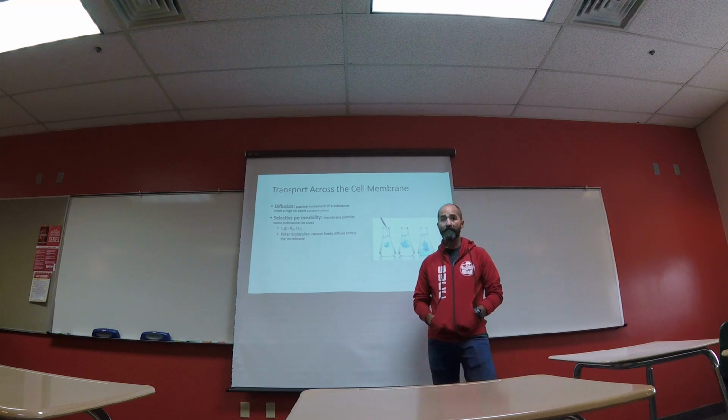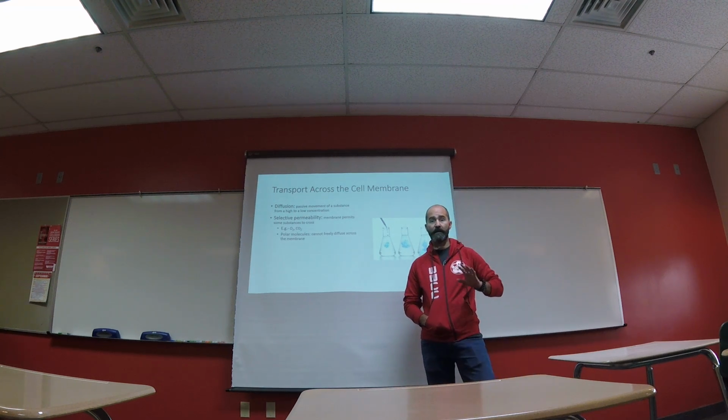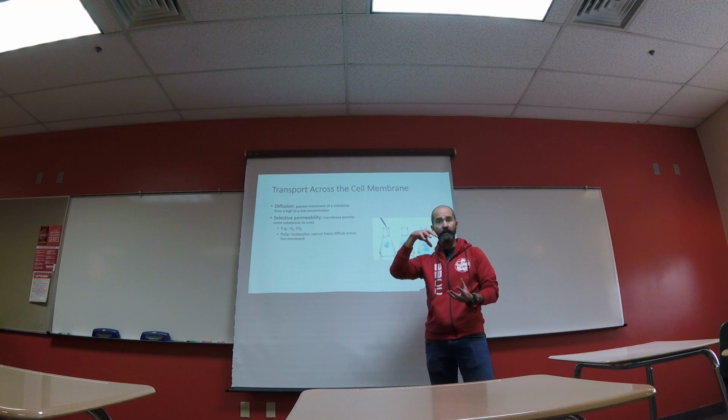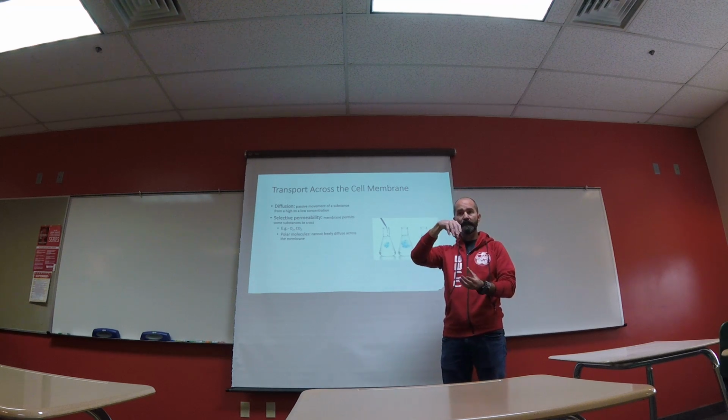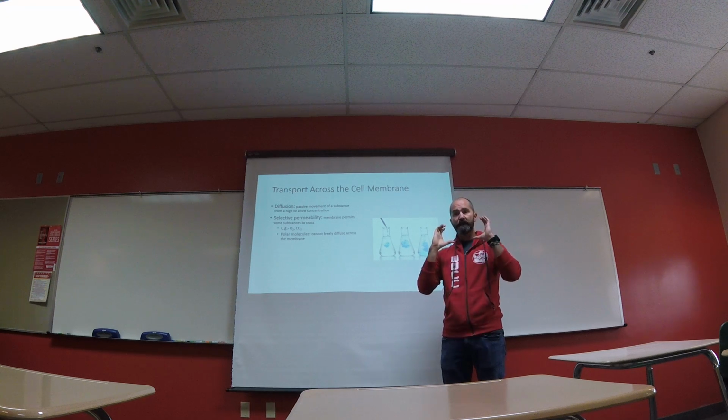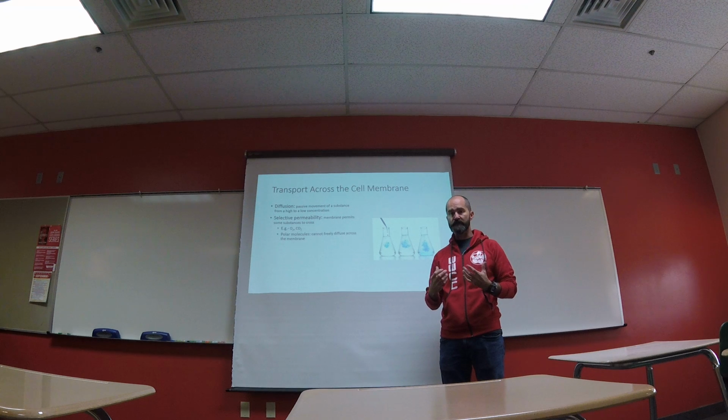Remember, the phospholipid molecule has a hydrophilic head and a hydrophobic tail, and when clustered, those hydrophobic tails stick together in the phospholipid bilayer. Because there's a hydrophobic core, anything that is polar or carries a charge will not be allowed to diffuse freely across the membrane. So things that carry a charge, like ions or water, which carries partial positive and negative charges, will be held out by the plasma membrane.